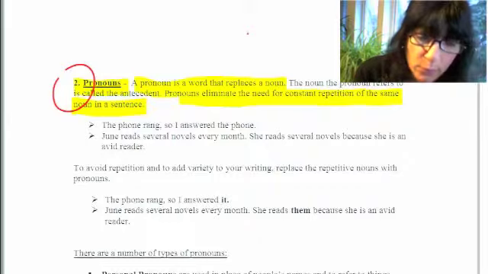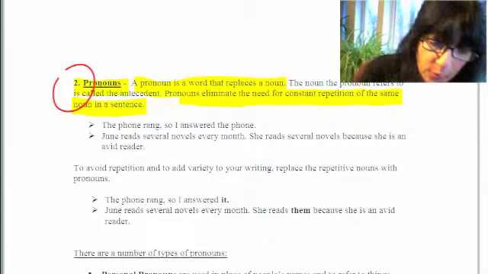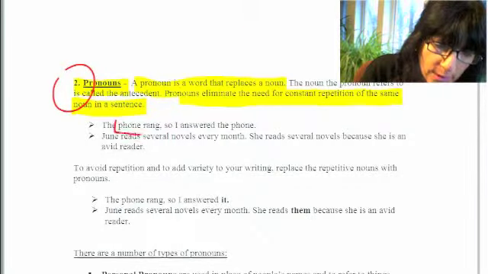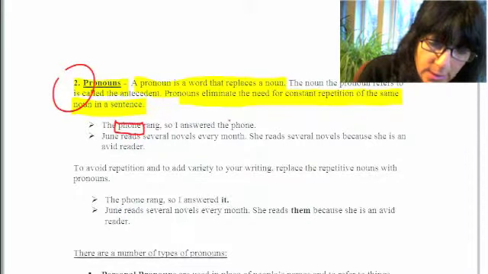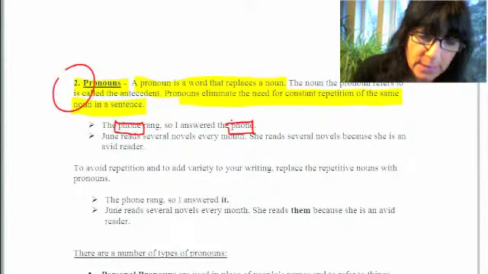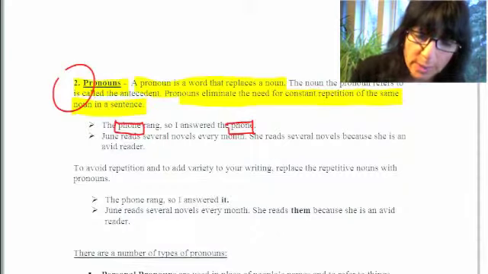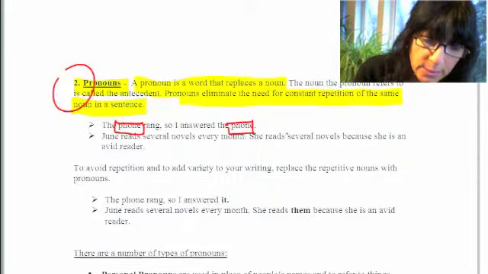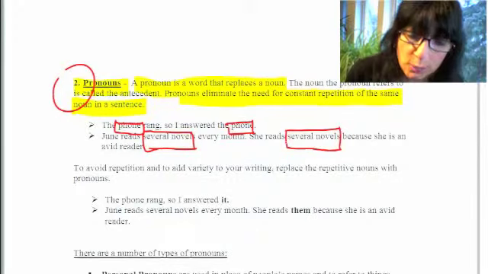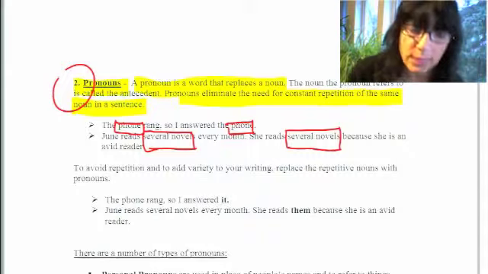The first one, the phone rang, so I answered the phone. You're saying the phone rang, and you're being repetitive, and you said, so I answered the phone. In the second example, June reads several novels every month. She reads several novels, so you've repeated the same idea. It becomes redundant, boring, repetitive. She reads several novels because she is an avid reader.